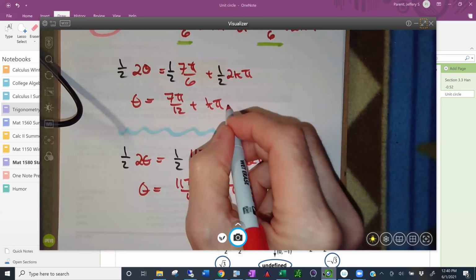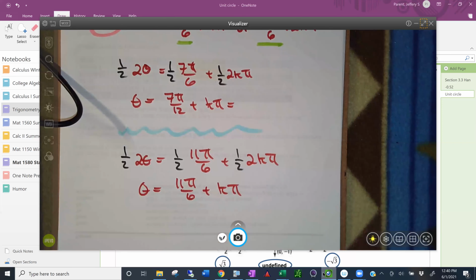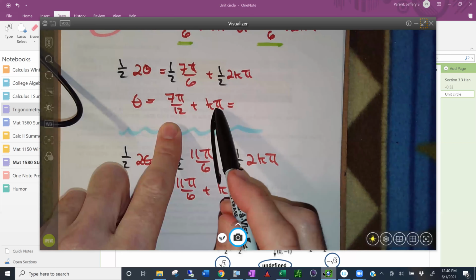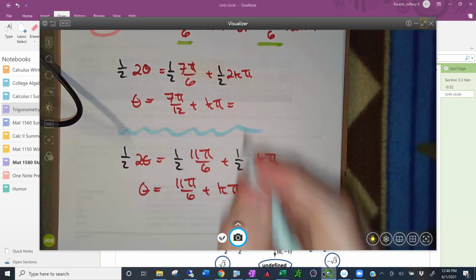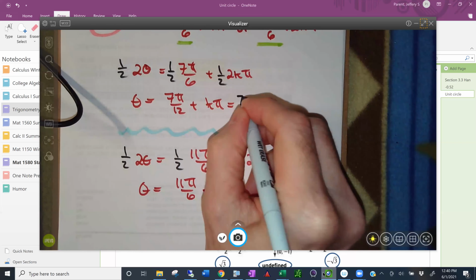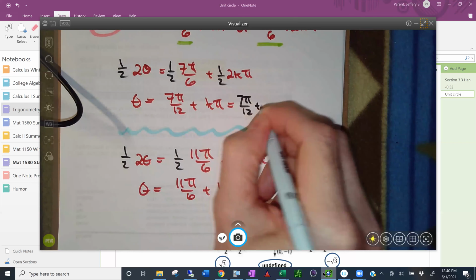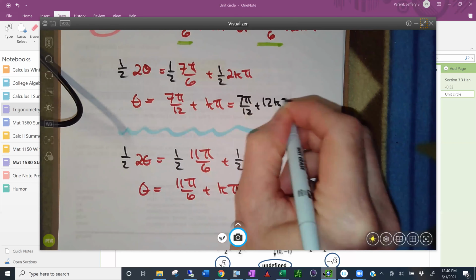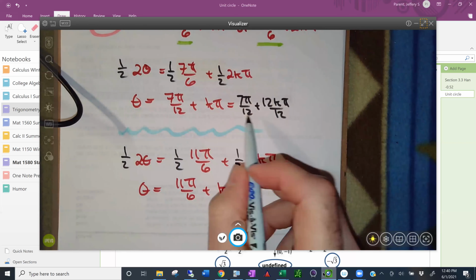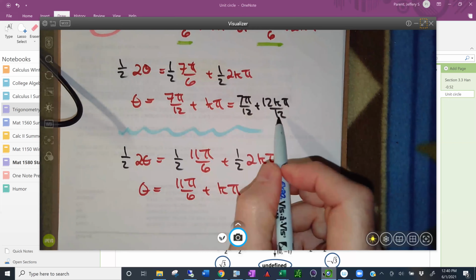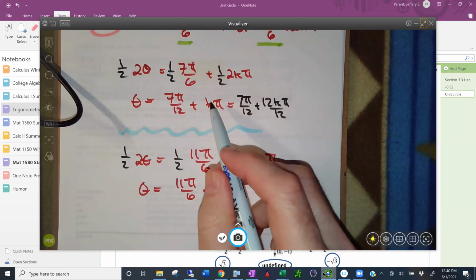If you play our game that we played earlier of getting common denominators, this would be 7 pi over 12 plus 12k pi over 12. So notice that they have common denominators. I just multiply this by 12 over 12.